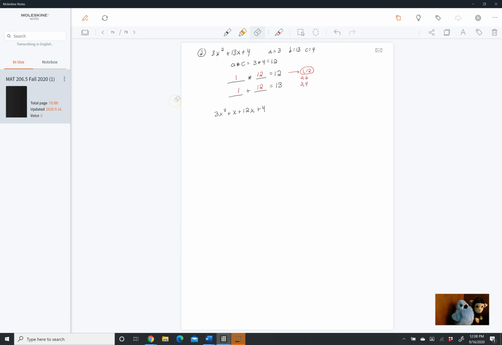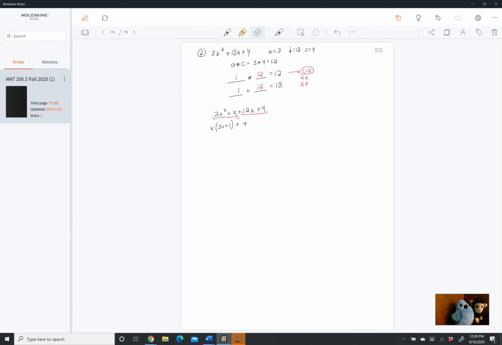So we group this into 2 pairs. We have 3x squared and x, and 12x and 4. And we're going to take out something that both terms in that pair have in common. So the only thing that 3x squared and x have in common is an x. And what are we left with? 3x plus 1. The second one, the only thing that they have in common is a 4.